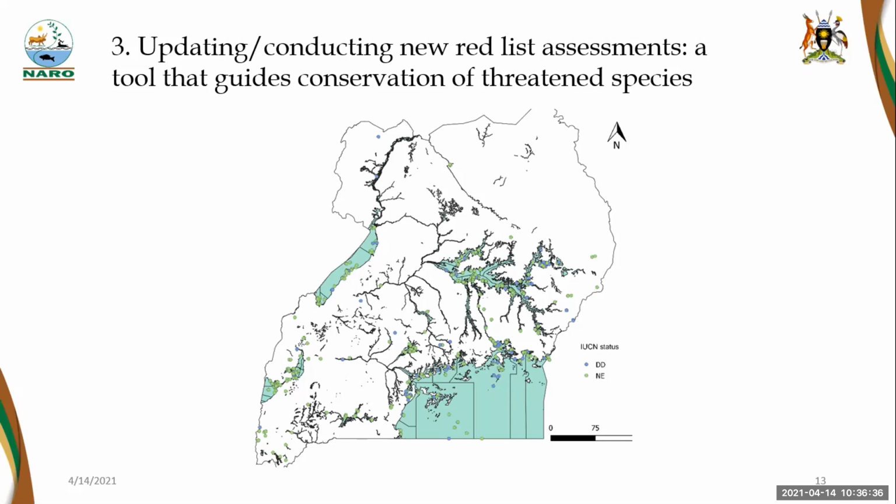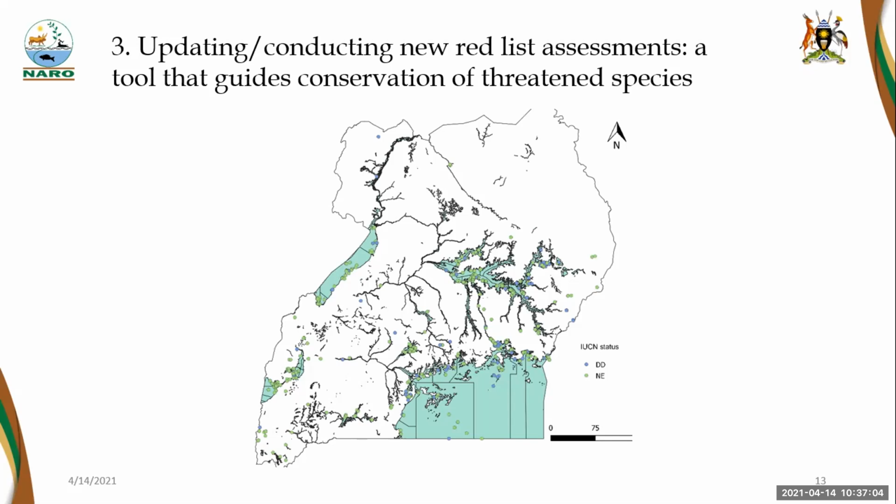Our target is to update the red list status for about 150 species. We have so far completed 40 fish species and about 30 invertebrate species. We still have about 70 species to update, but that is work in progress.